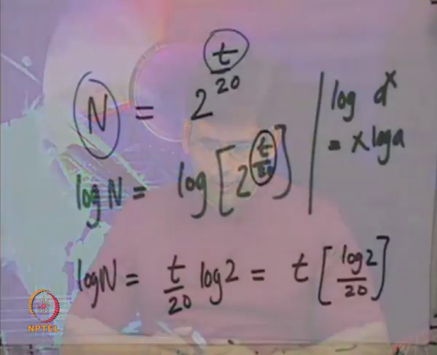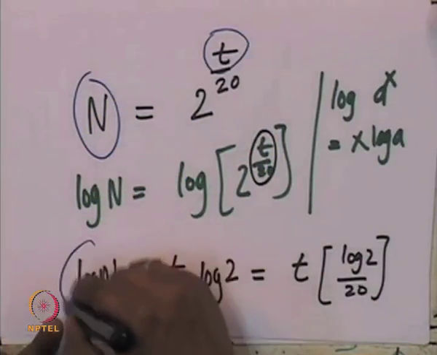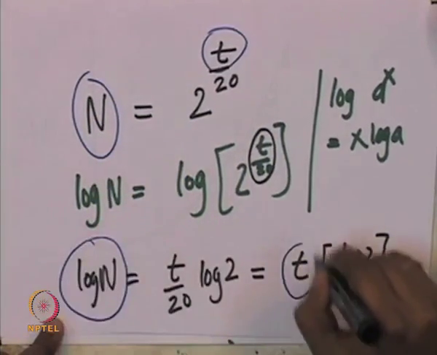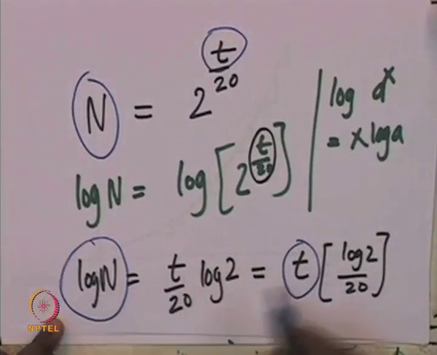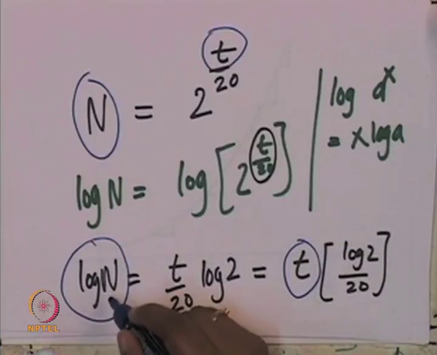On the other hand, let us plot log n versus t. So, let us plot this on the x axis and this on the y axis.